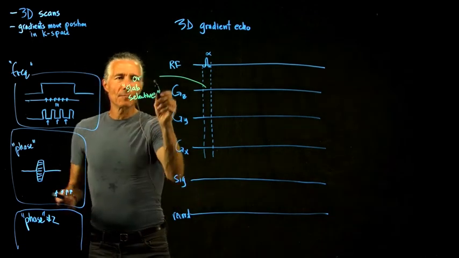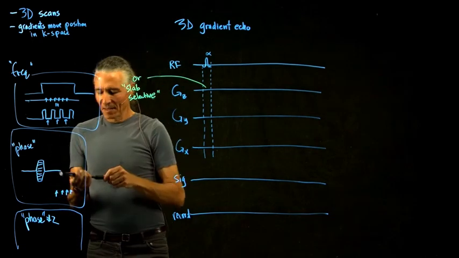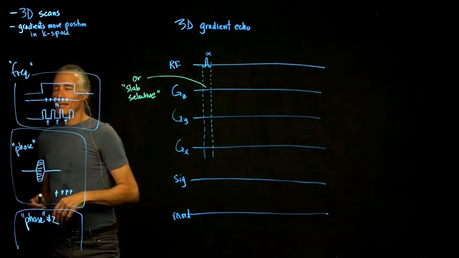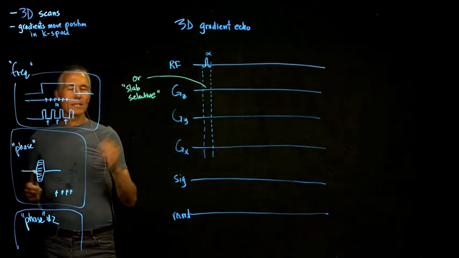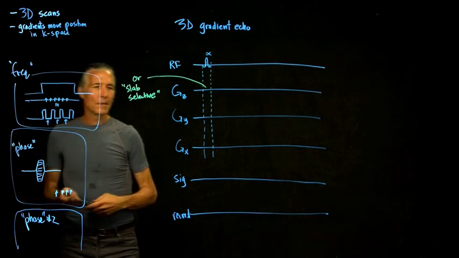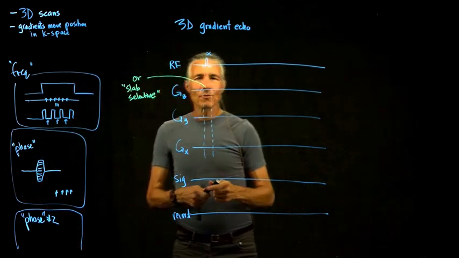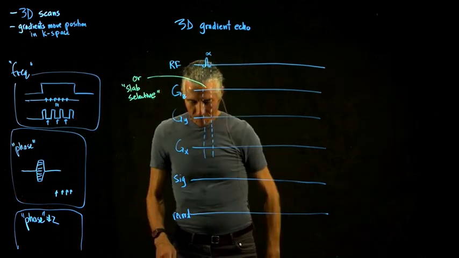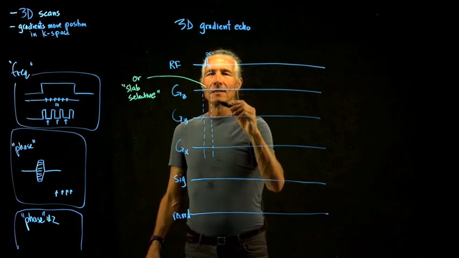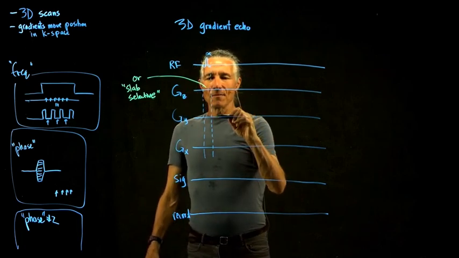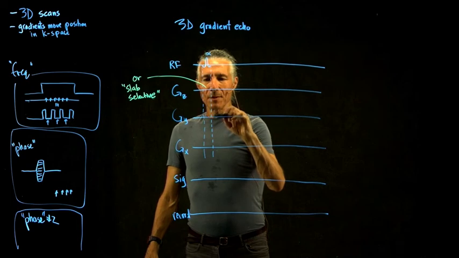So that's the first thing. But let's just assume we didn't do any slabs, any slice select at all, and so we just did the whole head. So then what you do is you've got your phase encode. After that pulse turns off, we do all the different possible phase encode steps.